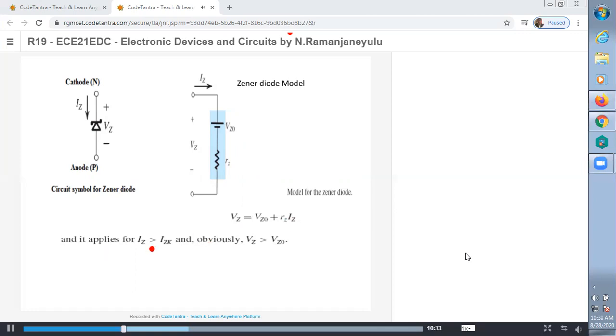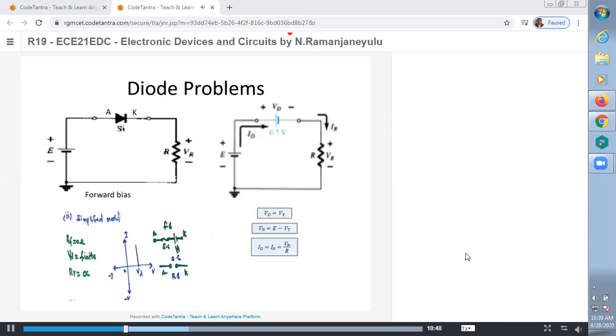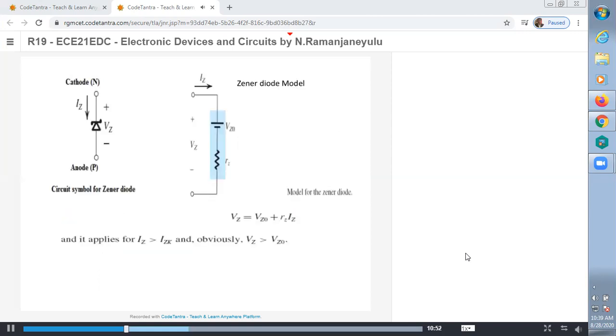This applies only when IZ is greater than IZK, the knee current, and obviously VZ is greater than VZ naught. That is about Zener diode characteristics and Zener diode models.